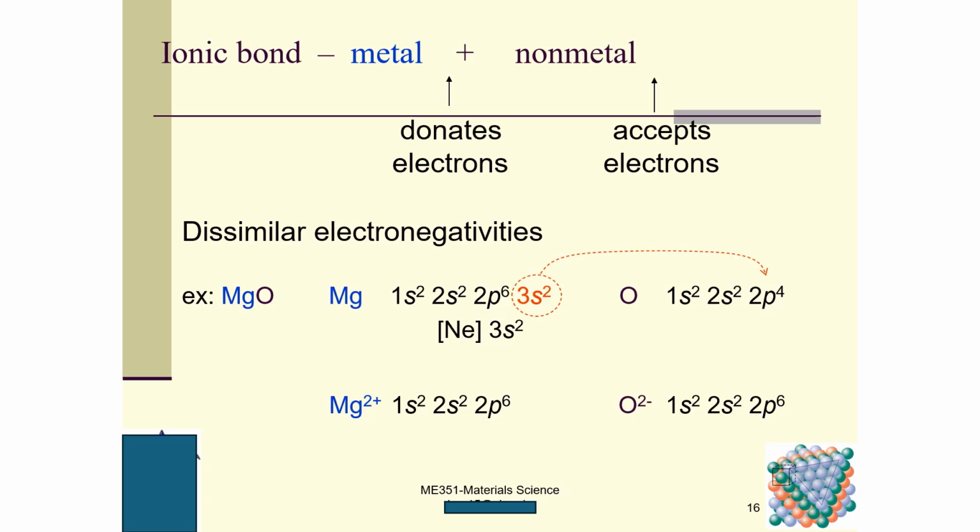So Mg becomes a positive ion. Oxygen obtains 2 electrons from Mg, so it reaches 2s2, 2p6, where 2 plus 6 equals 8. That means both reach the steady state.